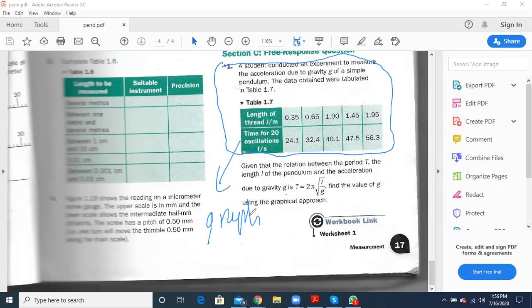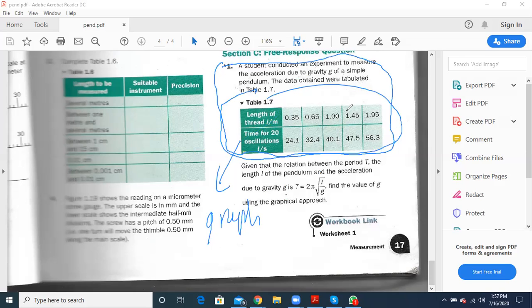So can anybody tell me what would be the shape of the graph if you plot the data given in the table form on your graph paper? Ismail, Nabiha, Faria, what would the graph look like?